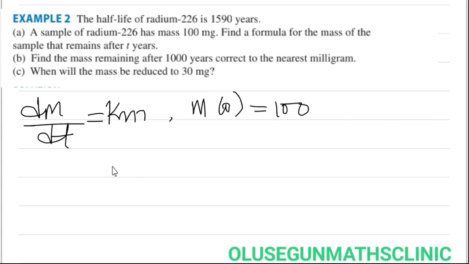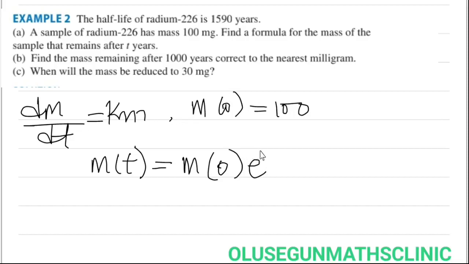We can now rewrite it to give the mass at a particular time as the initial value times e^(kt). We have been given the initial value to be 100, so it is 100 e^(kt).